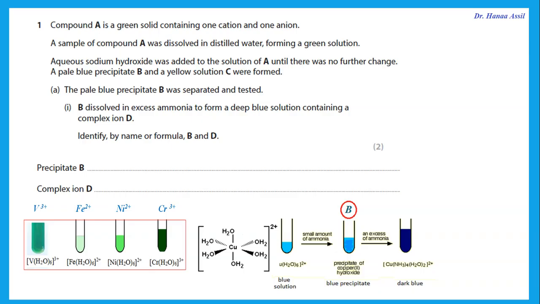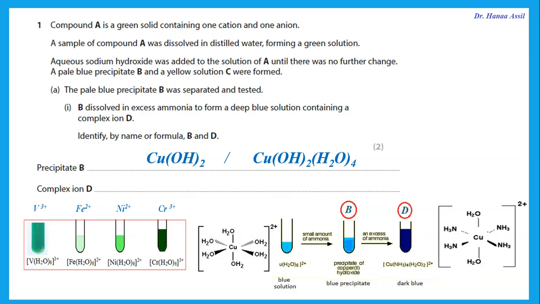So B, precipitate B, is the copper hydroxide, or we could refer to it as a complex between copper and 2 hydroxides and 4 water. Now, we are told that B dissolved in excess ammonia to form a deep blue solution containing the complex ion D. Well, we should know that D should be the complex between copper, 4 ammonia, and 2 water.